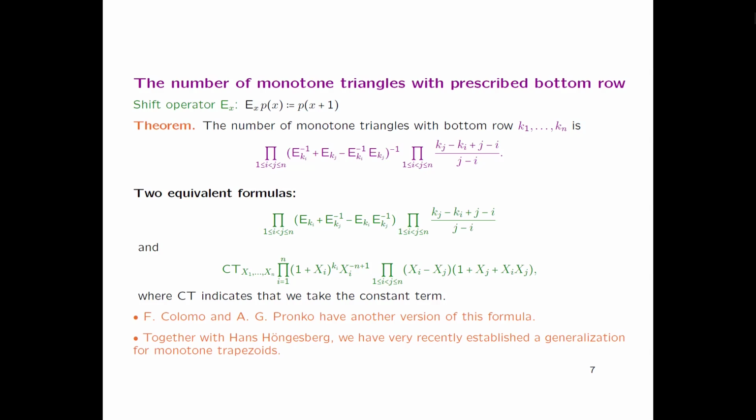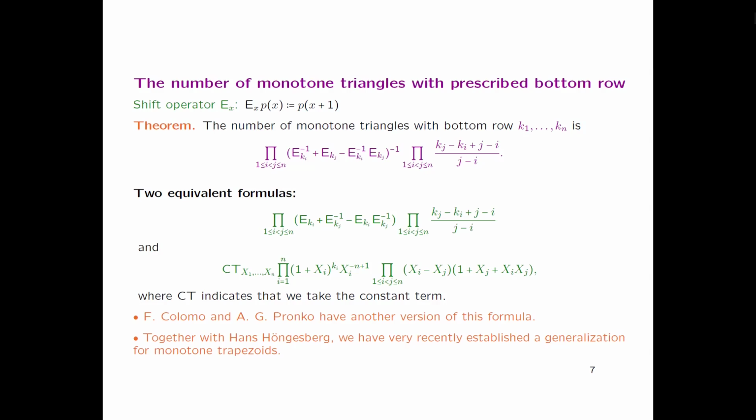So I also want to point out that with Hans, very recently, we considered the more general case of trapezoids. So instead of triangles, we considered trapezoids like this. And of course, our first thought was, well, the formula could be of the same type, okay?